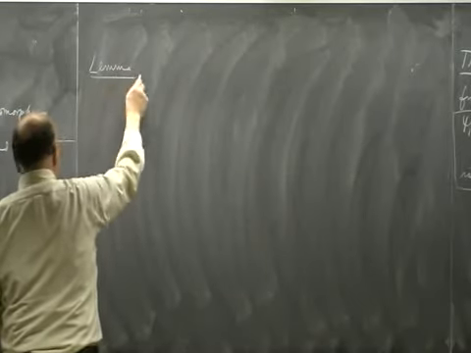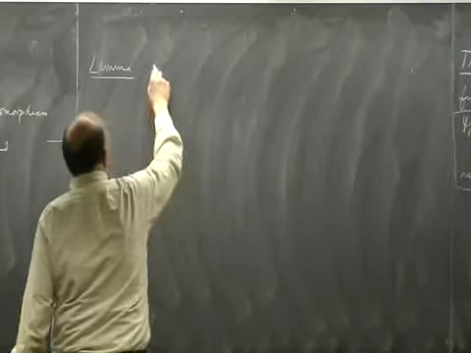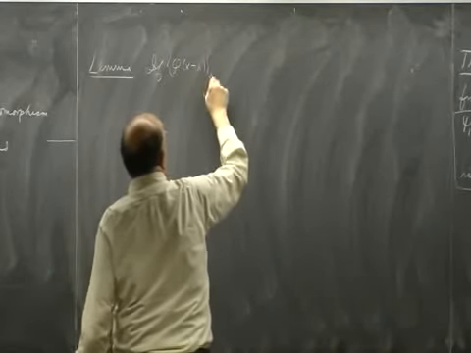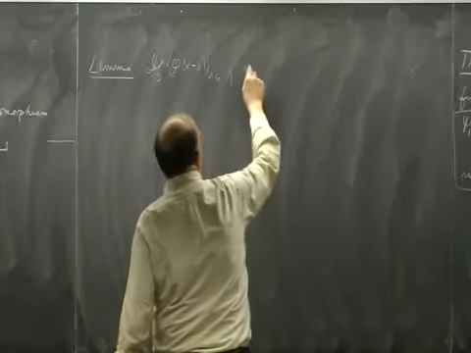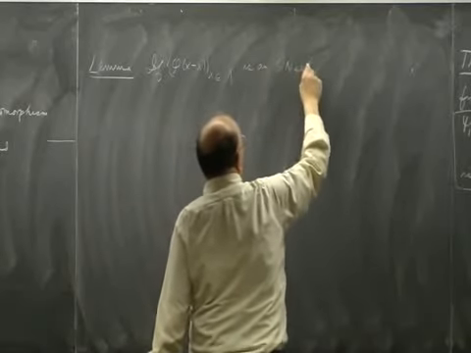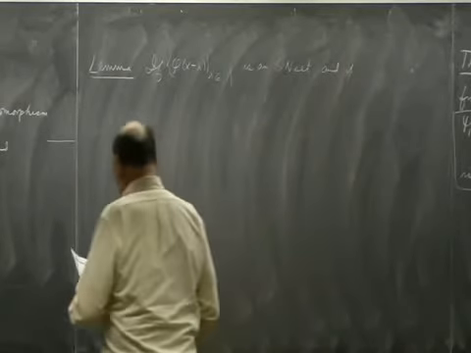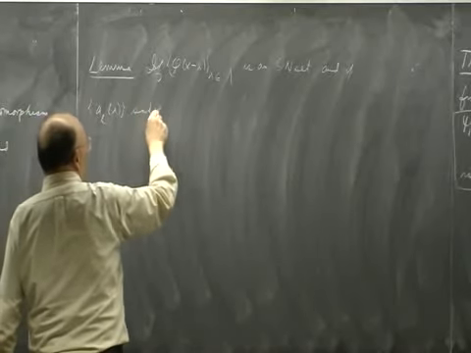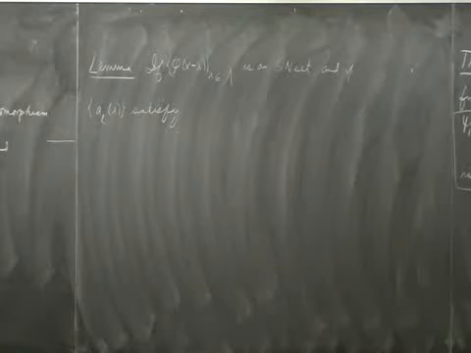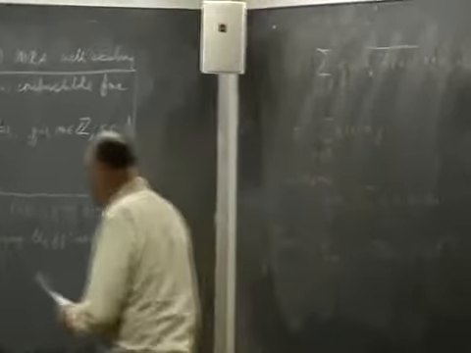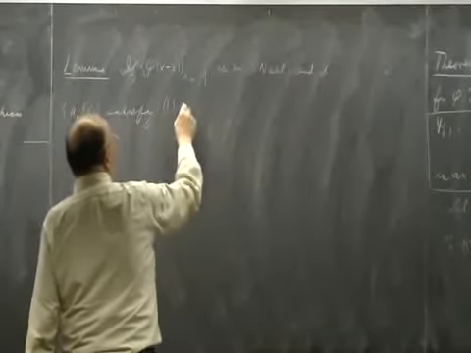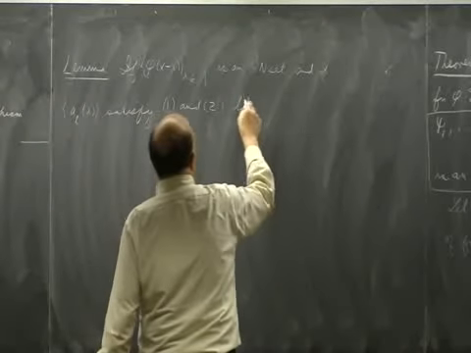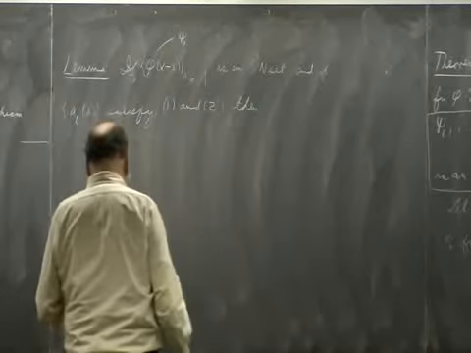So, lemma: if phi of x minus lambda, lambda in the lattice, is an orthonormal set, and if the A, L, lambda satisfy 1 and 2 here, then, suppose we call this phi psi 0.